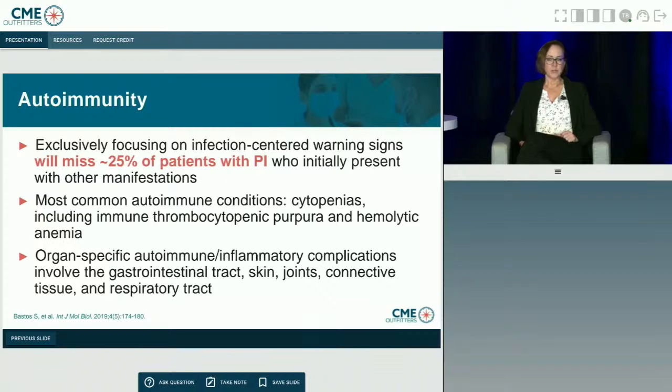I also want to bring to light, you dangled it a little bit earlier, but organ-specific autoinflammatory or autoimmune conditions can also be a warning sign of immune deficiency, specifically something like celiac disease. We often pick up celiac patients because in conjunction with the gliadin and tissue transglutaminase testing, a baseline IgA is done.